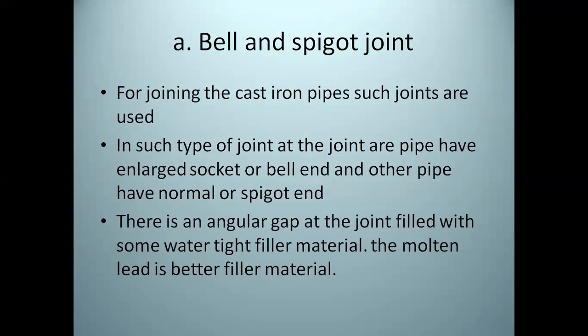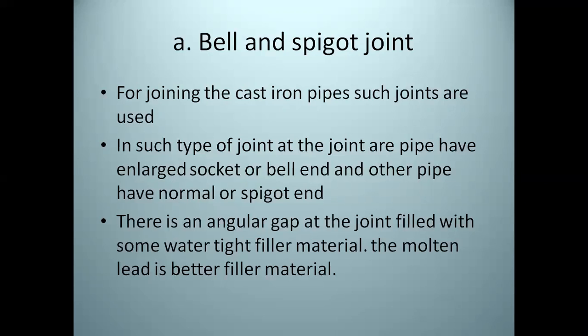The bell and spigot joint is used for joining cast iron pipes to each other. In such a joint, one pipe has an enlarged socket or bell end, and the other pipe has the normal or spigot end.